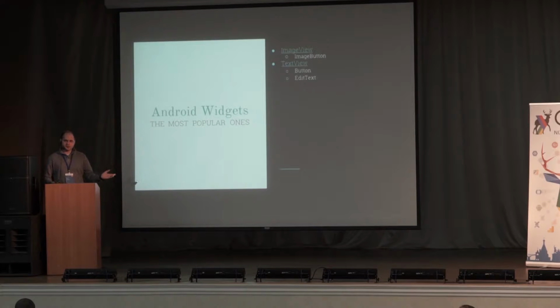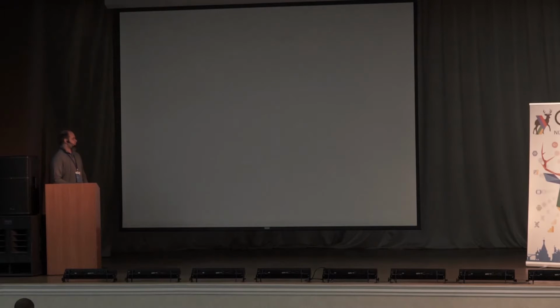I was surprised when I first found out that EditText is actually a subview of TextView, so that's interesting. And then AdapterView for lists and spinners, and ViewGroup for everything else, basically, including the recycler. These are the most popular widgets that you might want to style and recolor.